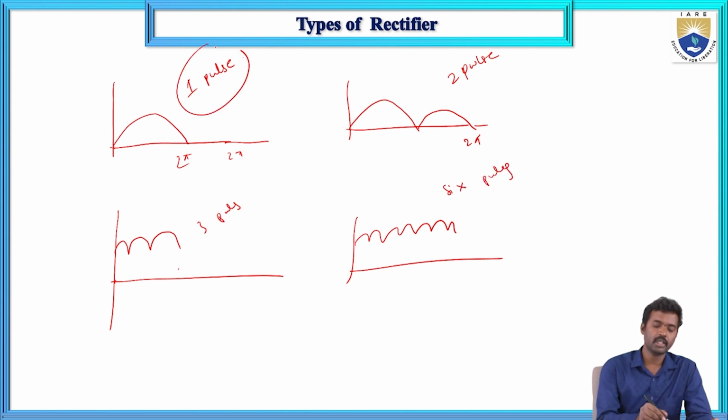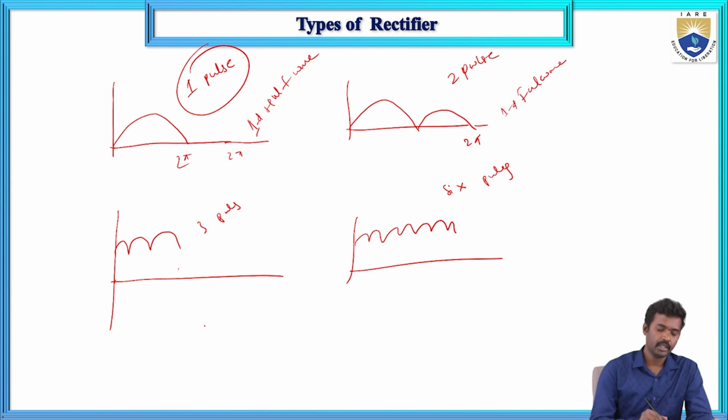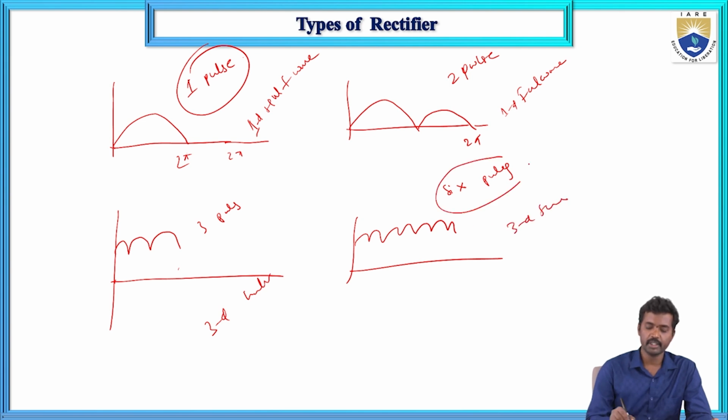A 1 pulse converter we get in the single phase half wave rectifier. 2 pulse rectifiers we get in the single phase full wave rectifier. The 3 phase half wave rectifier gives 3 pulses, and the 3 phase full wave rectifier gives 6 pulses.